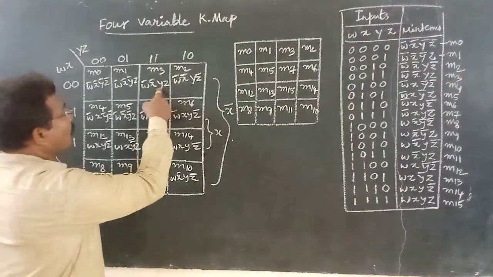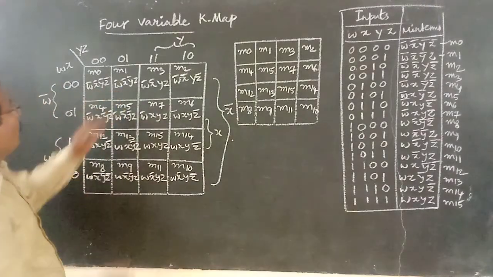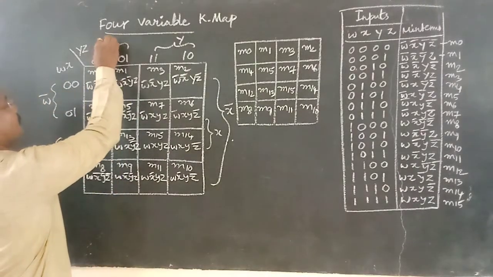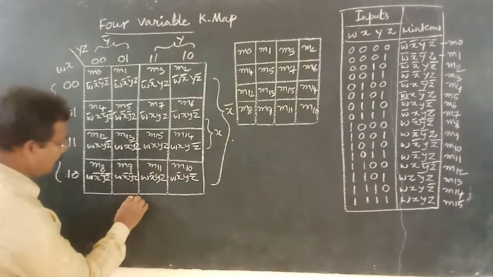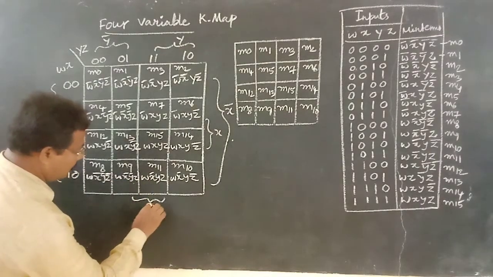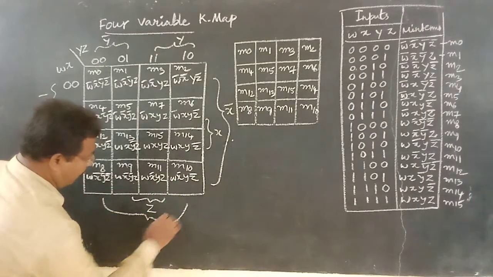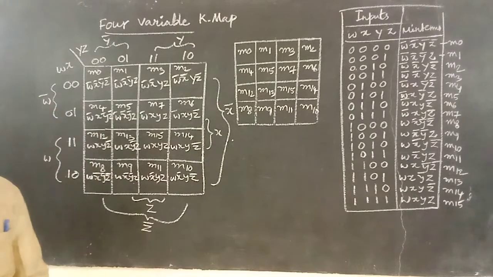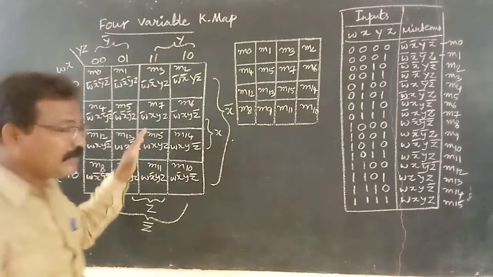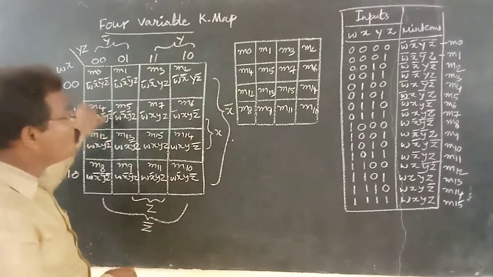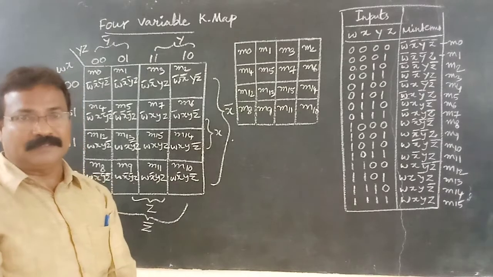This is Y and these two are the Y complement. And this is Z, and these two are the Z complement. This is the representation of minterms in each square by using the Gray code method.